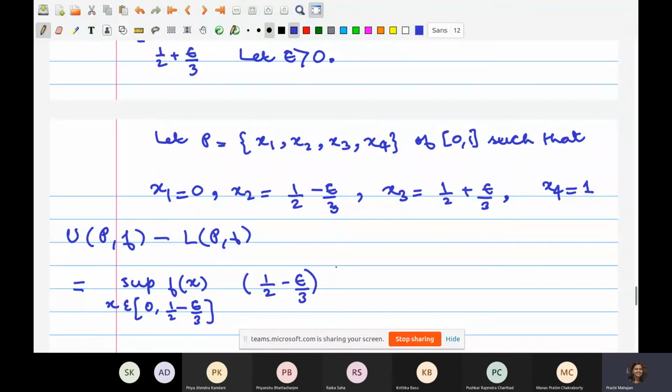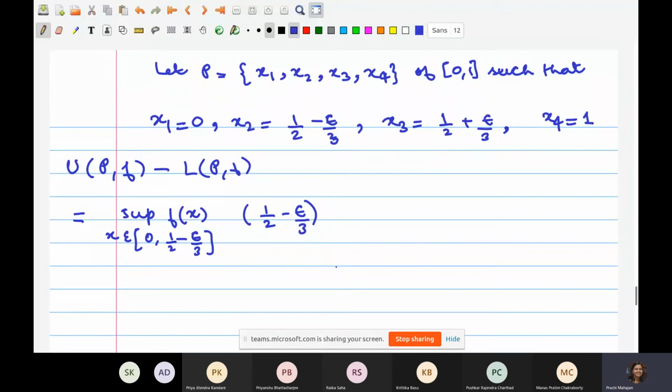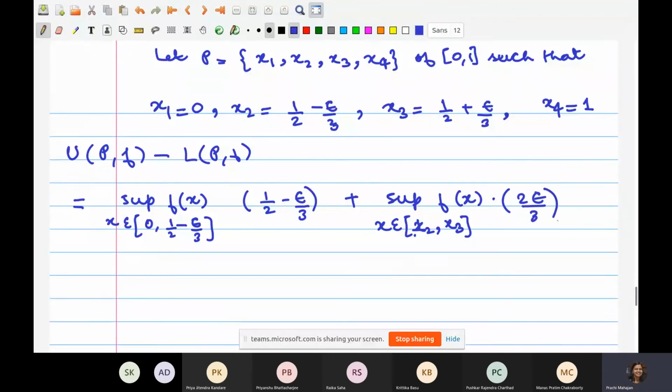Let me write all the terms corresponding to the upper sum first. The second term would be the supremum of f restricted to the interval [x2, x3], and the length of the subinterval from x2 to x3 is 2 epsilon/3, correct?